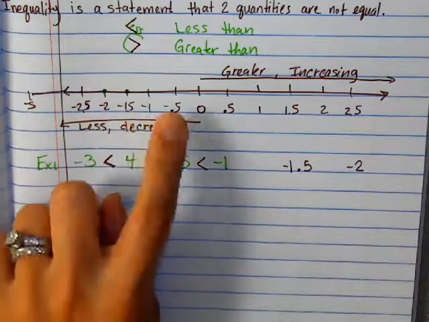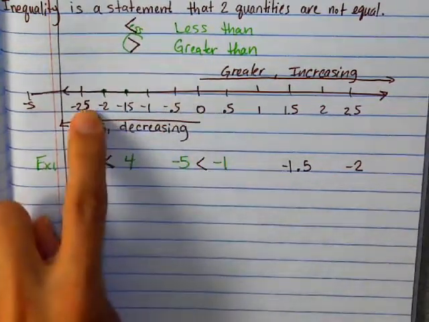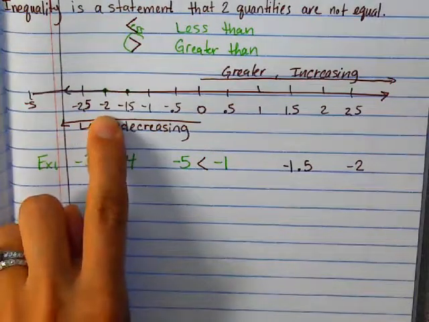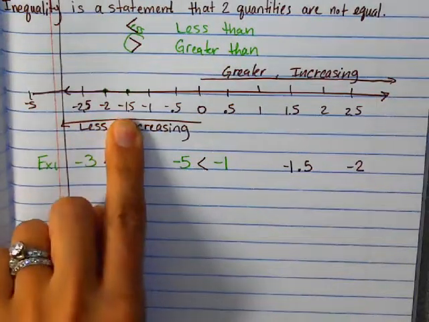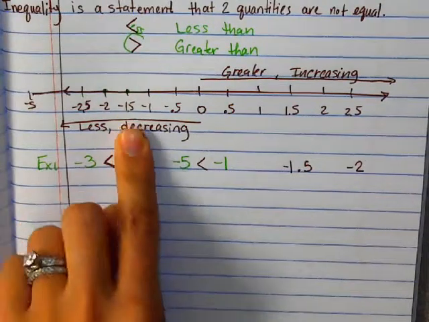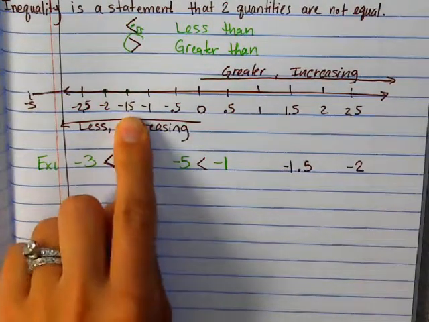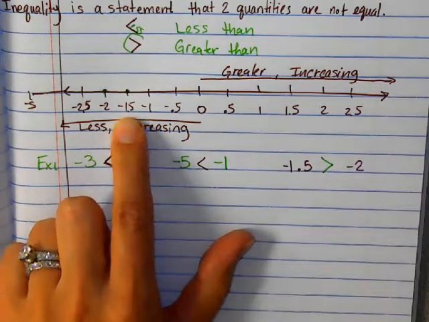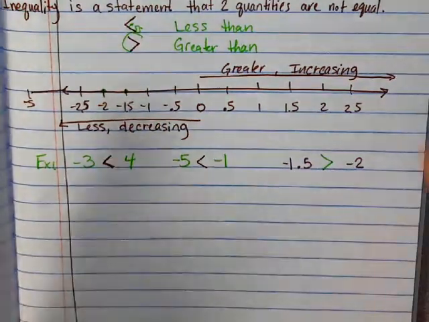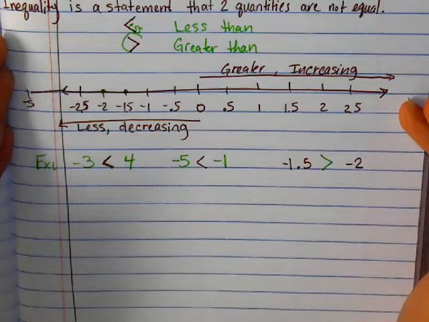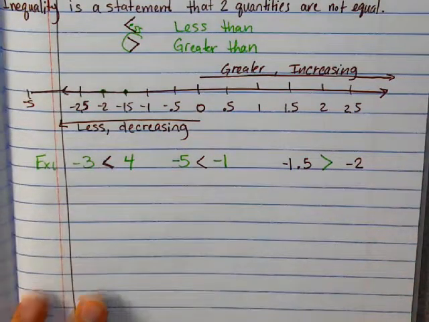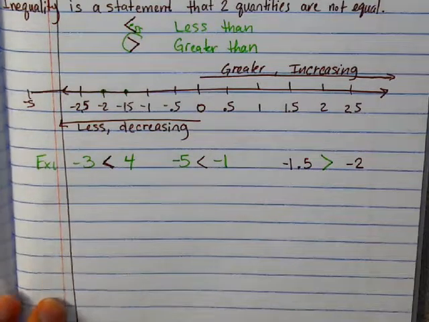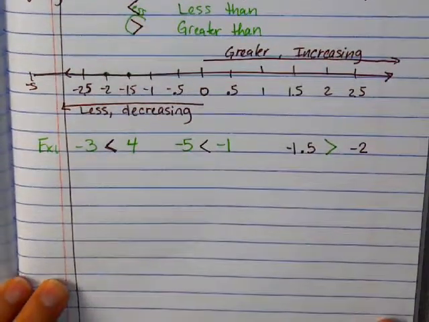As we're getting further away from 0, these values are getting smaller. So -2 is actually less than -1.5, or -1.5 is greater than -2. Make sense? You see how much easier it is to compare these when you put them on the number line? If you're that visual type person, draw out your number line and put those numbers on it.